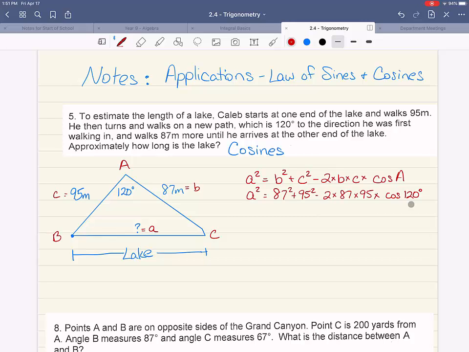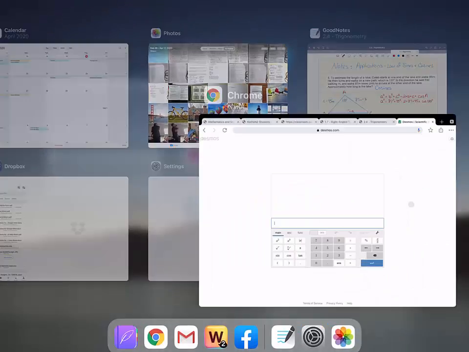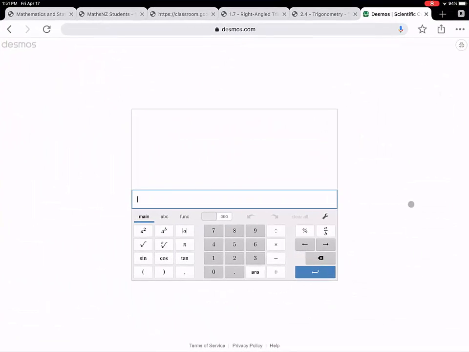So I'm going to go ahead and switch to my calculator, which is right here. And so I will do clear all, 87 squared plus 95 squared minus 2 times 87 times 95 cosine of 120 and close the bracket.